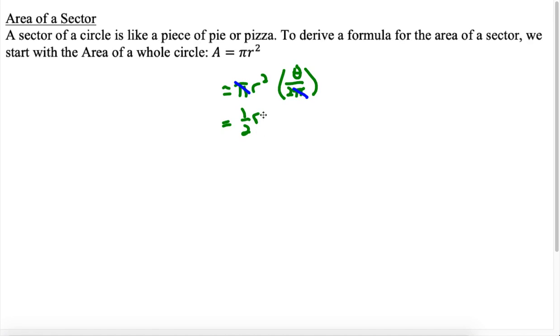So we just have 1/2 r squared theta. Okay, so this formula will let me get the area of any sector of a circle, or like a piece of pizza or a piece of pie. All I need is the radius and the angle measure. Again, that angle measure does need to be in radians for this to work.